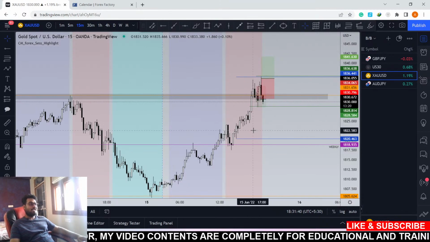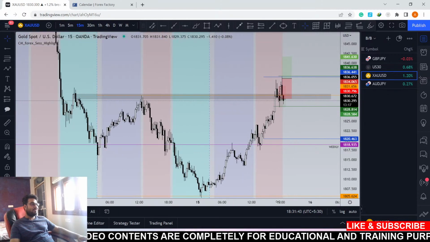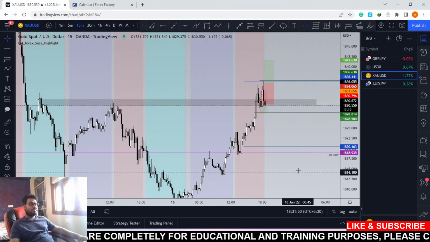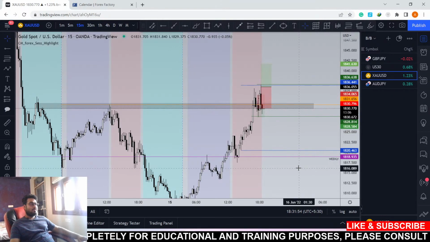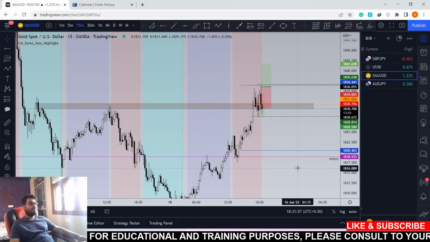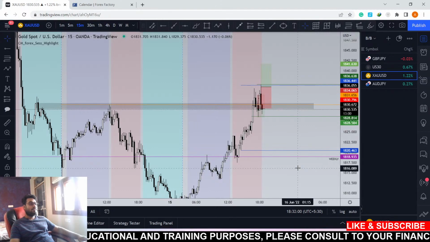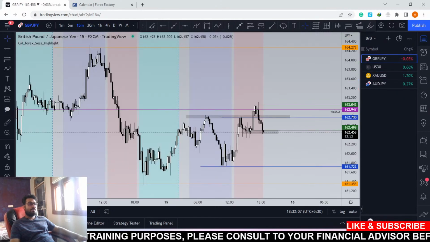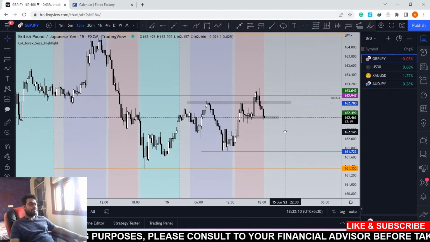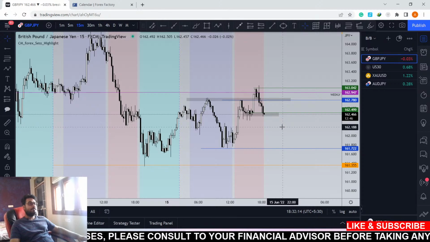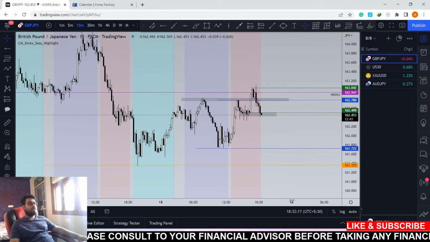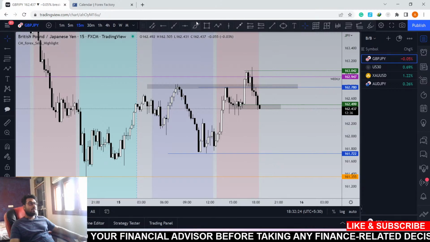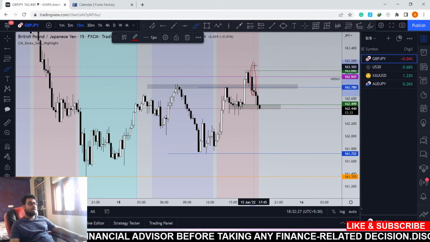I just took two fast losses. In GJ, it is showing a move to the downside, but again, I'm not seeing any sort of strength in any candle. This candle was a good candle.